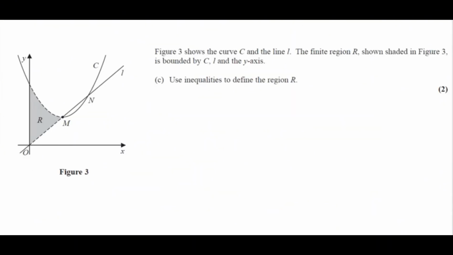Now part c for the same question. As you can see in the figure, the curve C, line L, and the region R, which is the shaded region, bounded by C, L and the y-axis. So we have to look for the y-axis as well. Use inequalities to define the region R. We can see here, first, this is the below part of our curve.